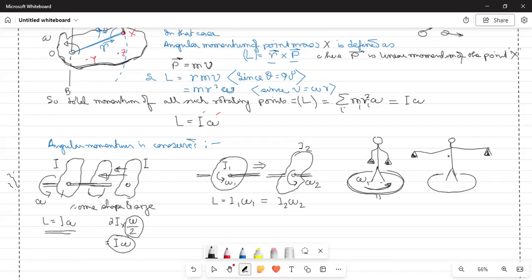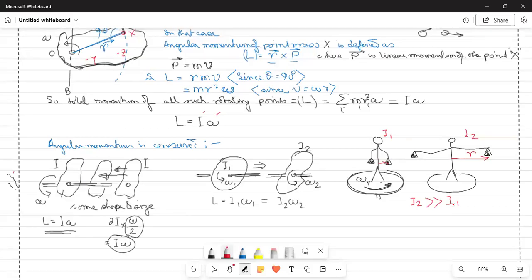See here, the radius r of this weight is only this much. Here radius r is larger. And since moment of inertia is mr squared, here the moment of inertia is I1, and I2 will definitely be much more than I1.